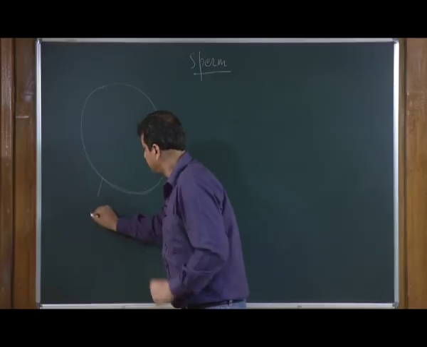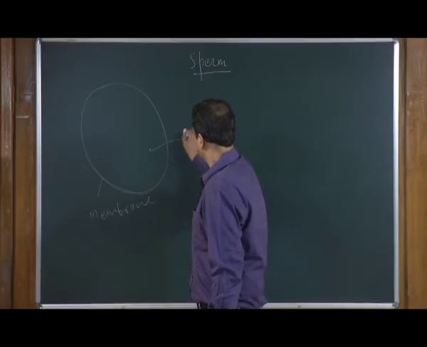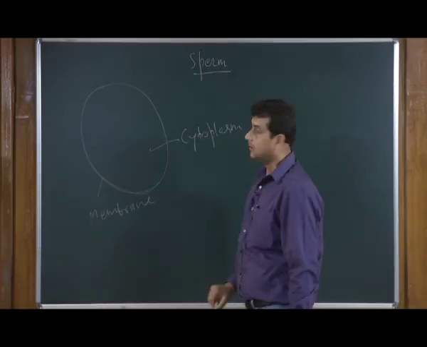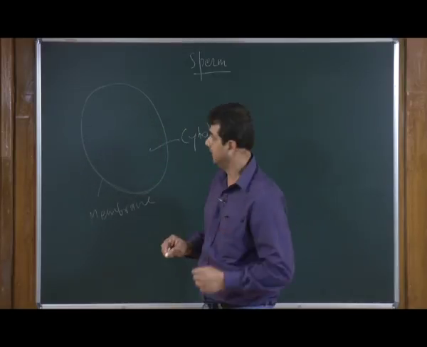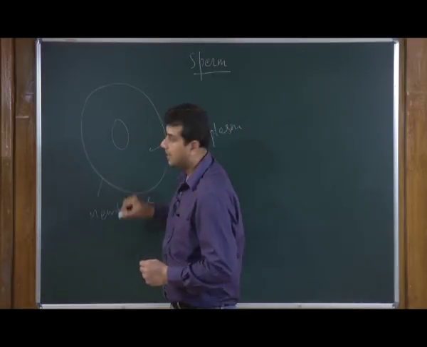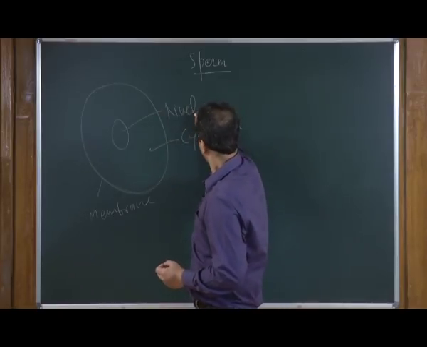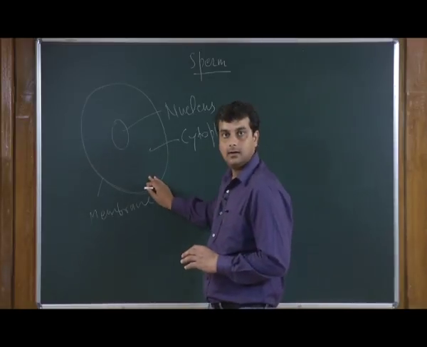outer is the membrane, and inside we have cytoplasm, and in cytoplasm we have many cellular organelles, and in between we have a nucleus that can control the activity of this cell, right.